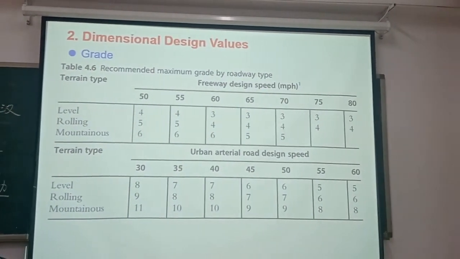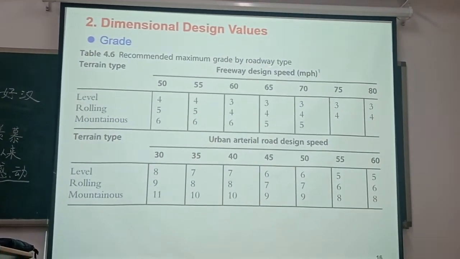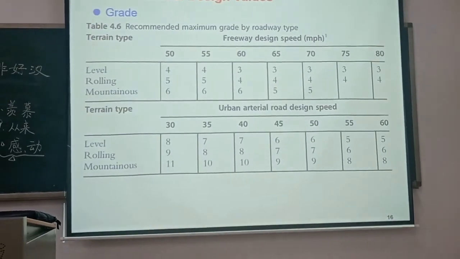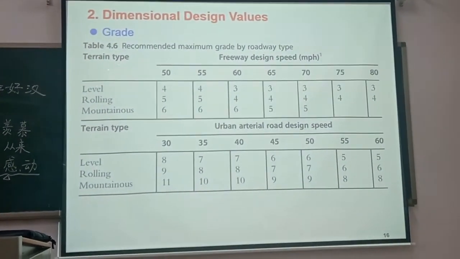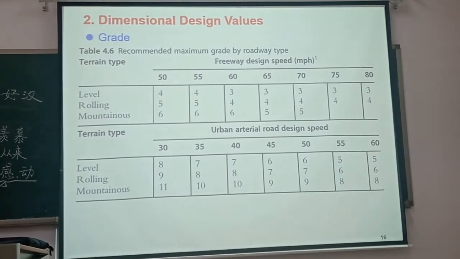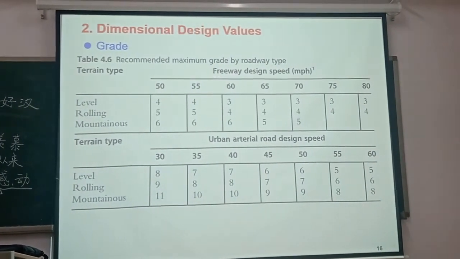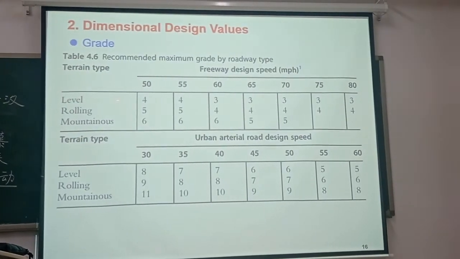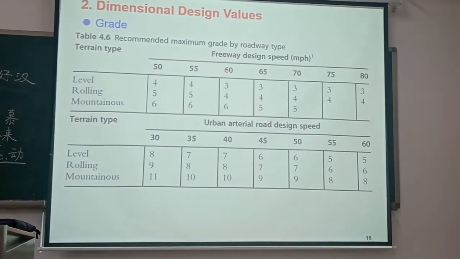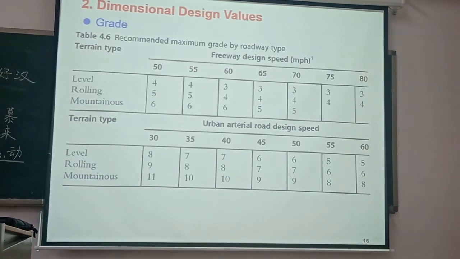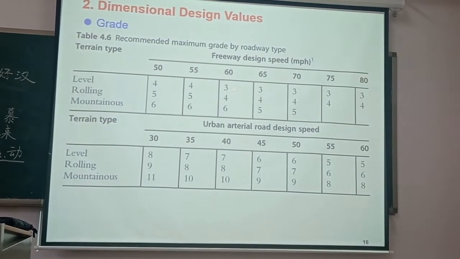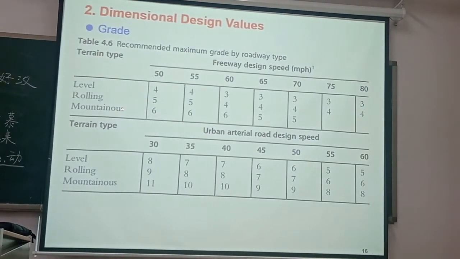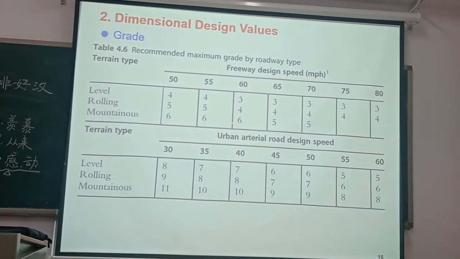The recommended maximum grade by roadway, level, rolling, mountainous terrain type. For different terrain types, level, rolling, mountains, and design speed, just for level and 60 design speed, the grade is 3. For mountains, it is 6.